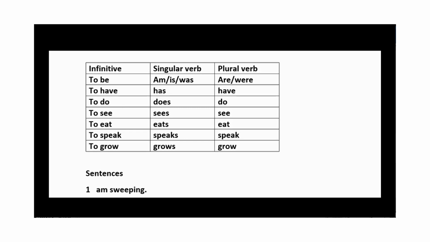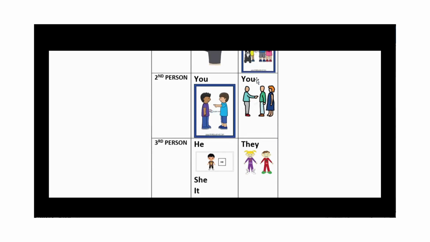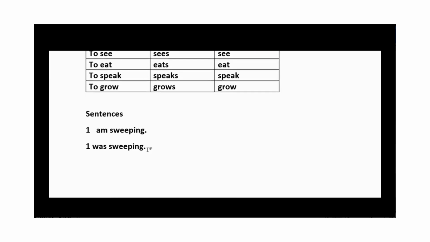Okay. Now let me use the first person plural, which is we. Now, what will the verb to be become to agree with the subject we?